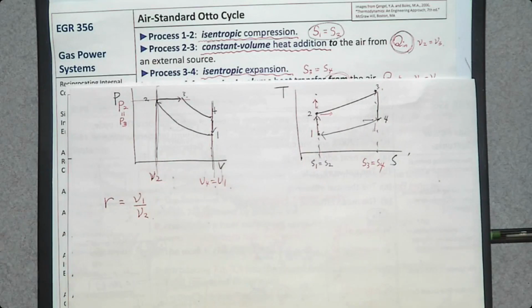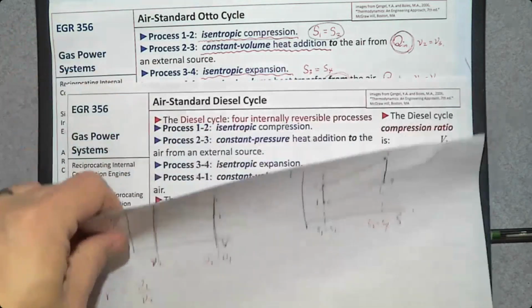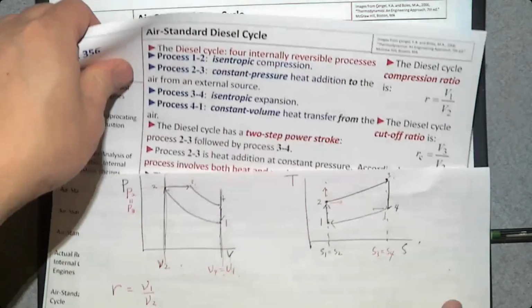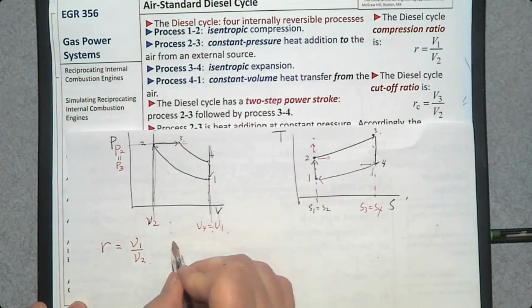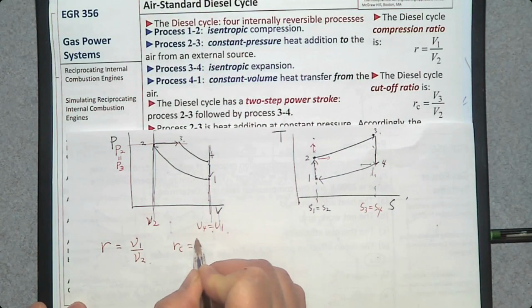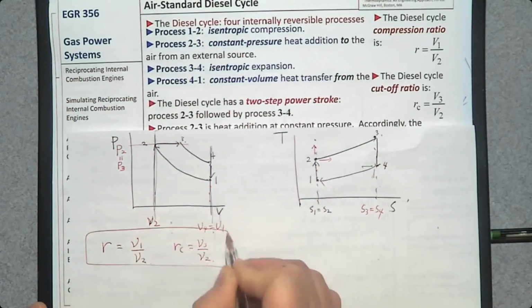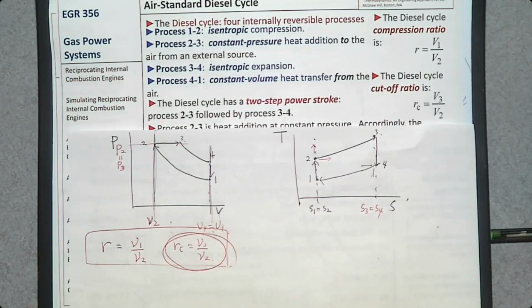Okay, I get that, but there is one more parameter for the diesel cycle because we have one more volume, V3. The ratio between V2 and V3 is called the cutoff ratio, R of C. This cutoff ratio can be determined by V3 over V2. So this is the only new thing.